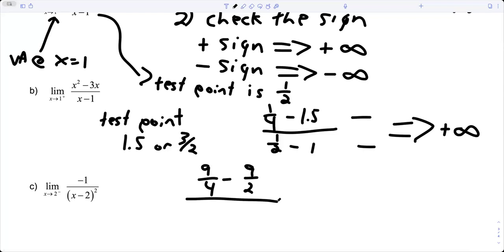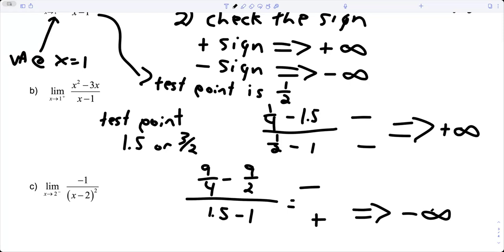Then I plug 1.5 into the bottom: 1.5 minus 1, so this is going to be positive. And then the numerator gives me 9/4 minus 4.5, which is negative. Therefore, this is going to negative infinity.